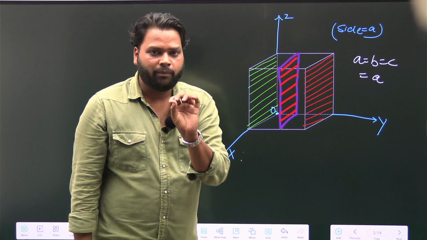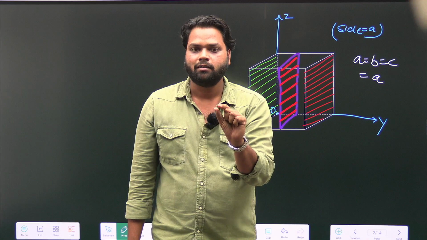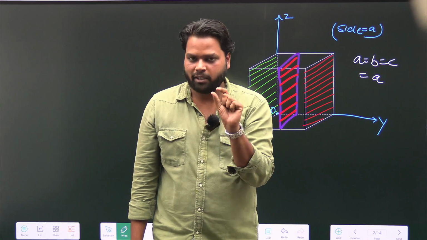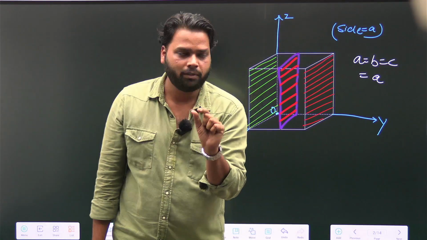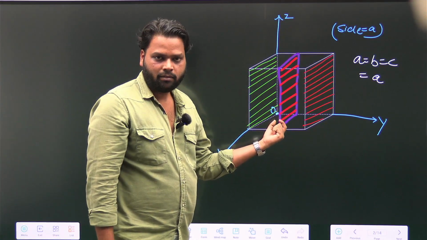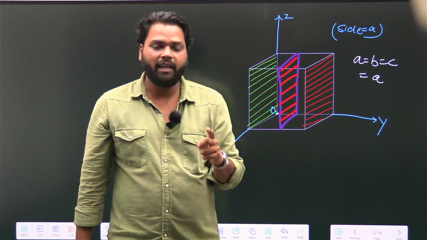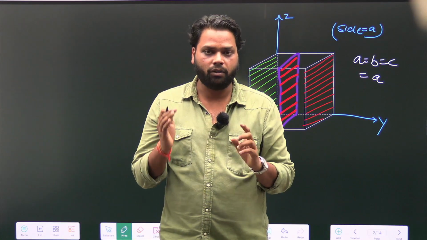The main concept of Miller indices is that you can't take the origin on the plane. आप मेरी बात को ध्यान से समझिएगा. Means your plane should not cut the origin.